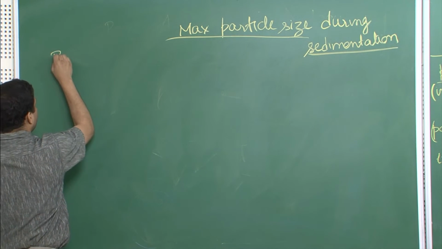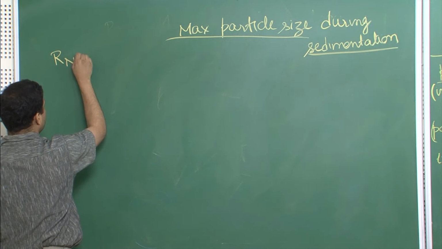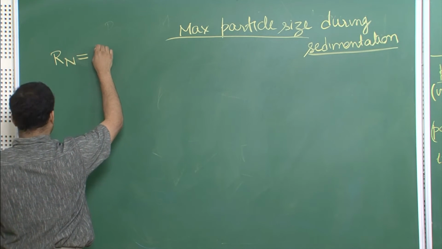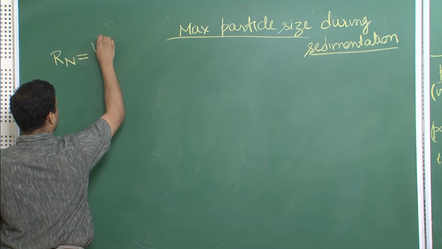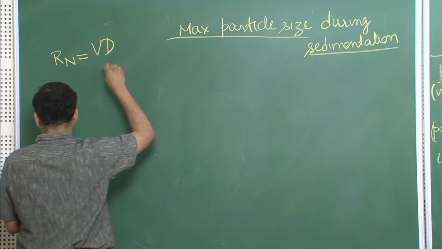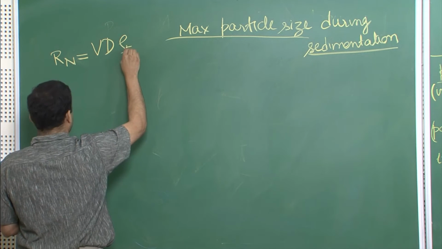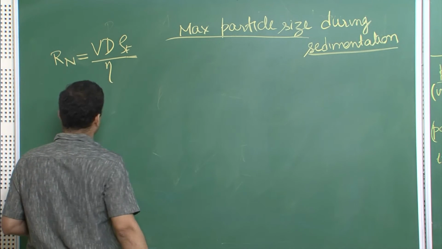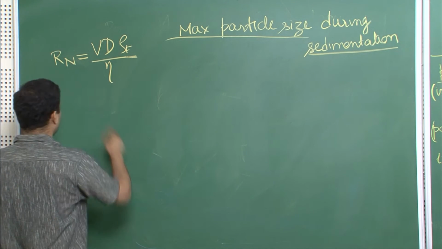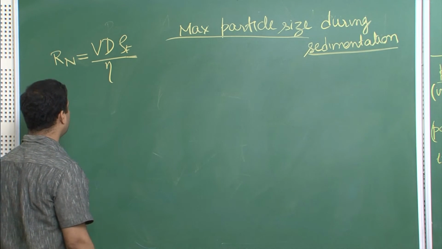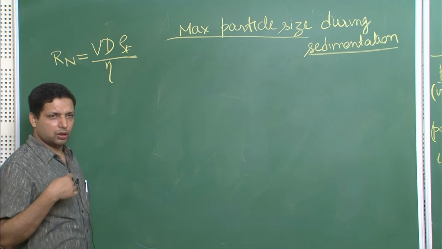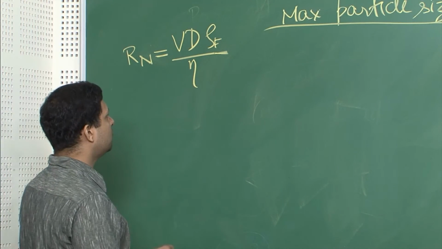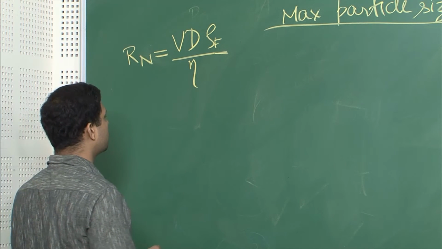Now, here we need another equation that we have not discussed in our regular class, and that is the relation of the Reynolds number with velocity, diameter of the particle, fluid density and its viscosity. Now, we said that the Reynolds number is given as 0.2, or it is that Reynolds number where turbulence sets in and we cannot apply the Stokes law.